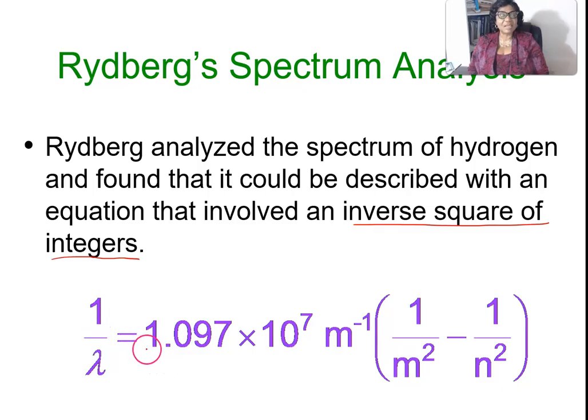The equation is, for lambda, 1 over lambda, this is wavelength, equals 1.097 times 10 to the 7 per meter, multiplied by 1 over m squared minus 1 over n squared. So this is his equation.